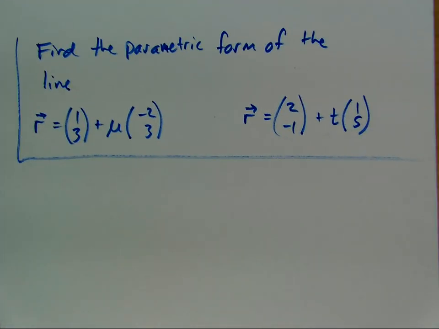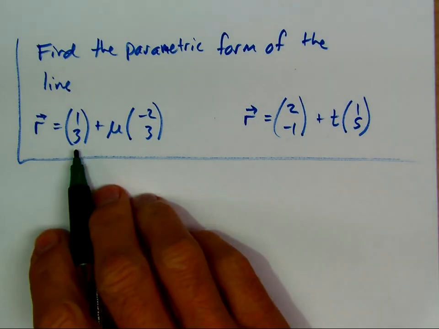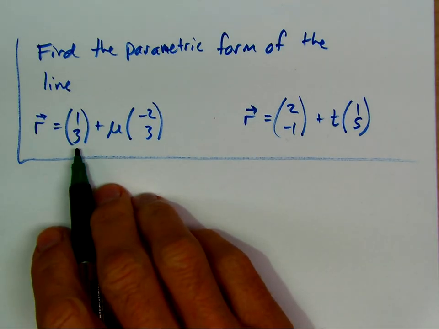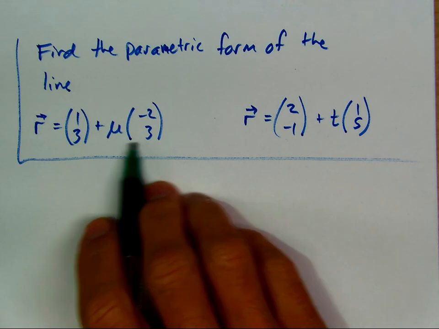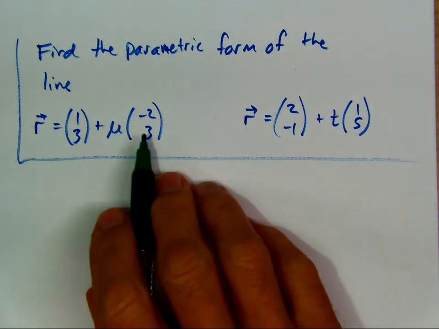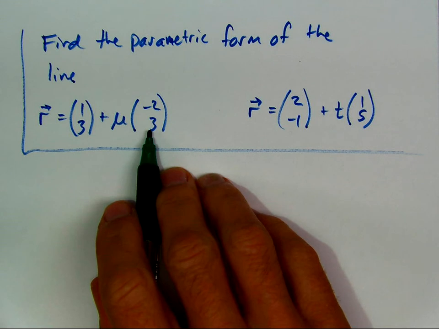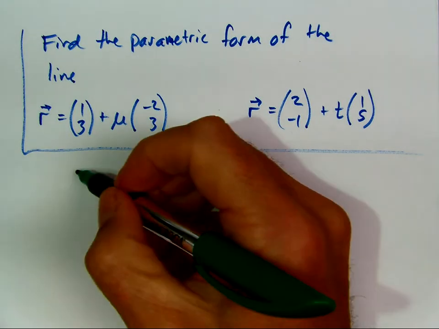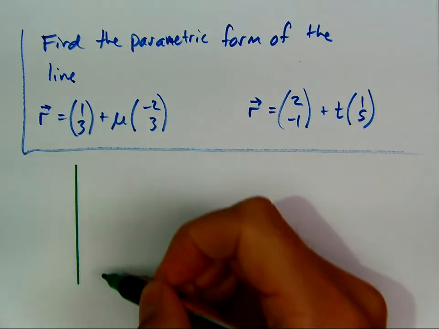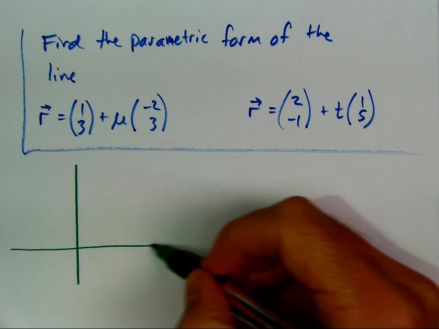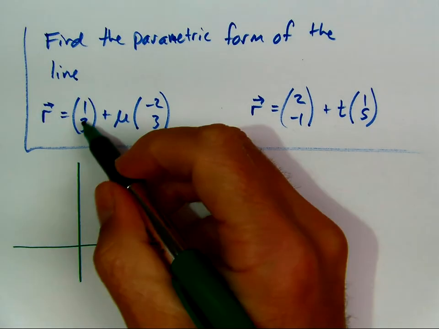Alright, so these are vector equations, and this would be a point on the line, and this is just a multiple of the direction of the line. So if we look at the graph, we wanted to sketch this graph. It says start at 1, 3.